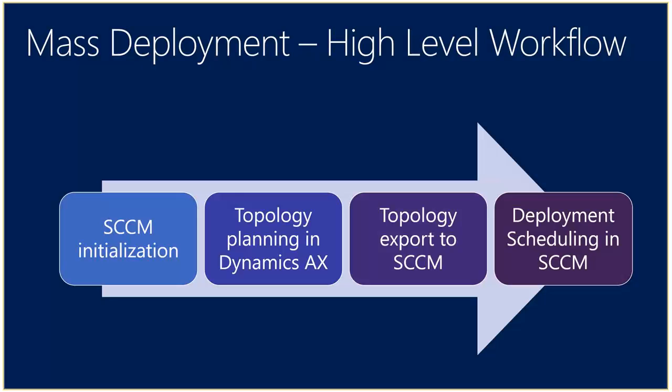The next piece of the high-level workflow would be for a solution architect or a system architect who would be planning the all-up topology for the retail deployment. What they would do is they would go into Microsoft Dynamics AX on the HQ side, and they would start to define the desired topology of how they would want the system to be implemented.